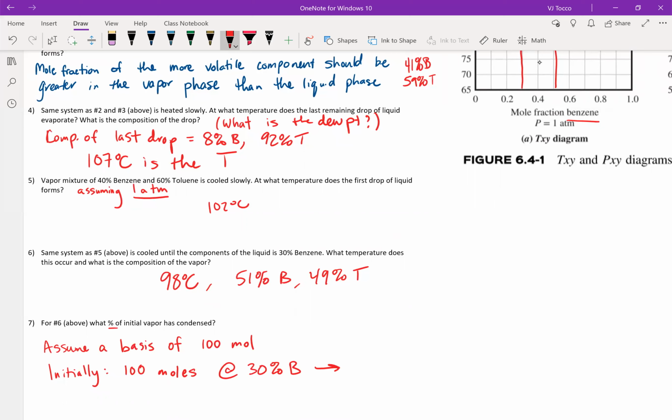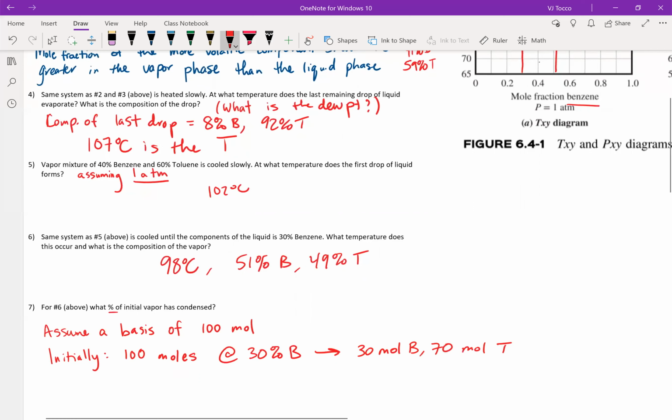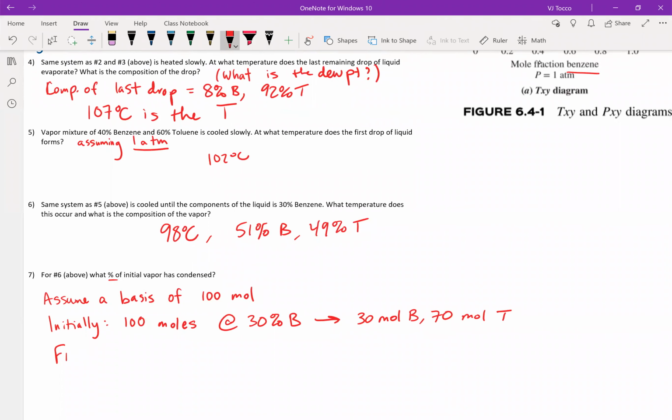So that is going to correspond to 30 moles benzene, 70 moles toluene. That is my initial. Final, I'm going to have a certain amount of liquid and a certain amount of vapor, which I don't necessarily know what those are yet. I have liquid at, let's see, the components of the liquid is 30% benzene.